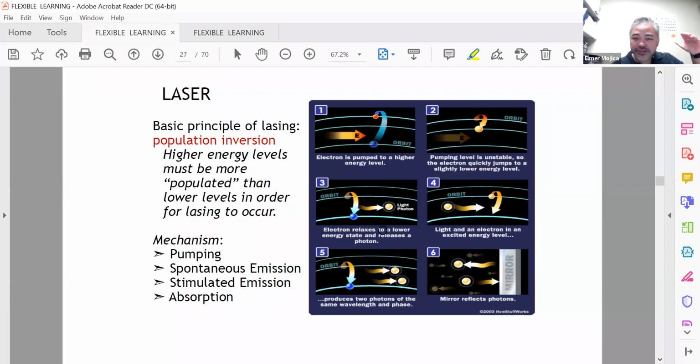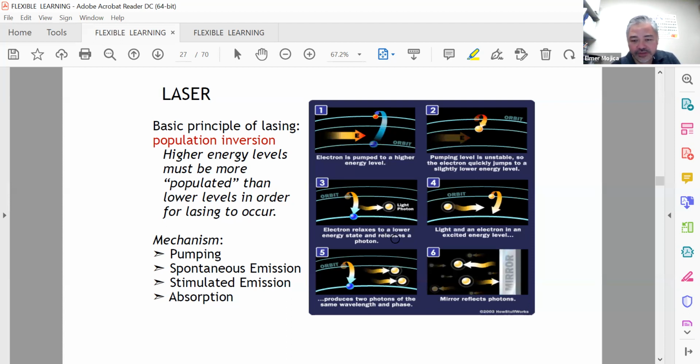You really remember, if you go to an excited state and then you go back to a lower state, usually the higher energy states are unstable. So when they go back to a lower energy state, there is some radiation or energy that is released.